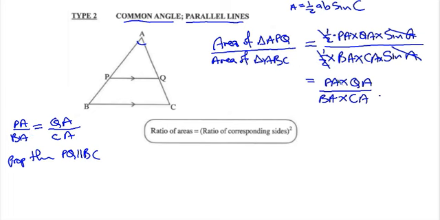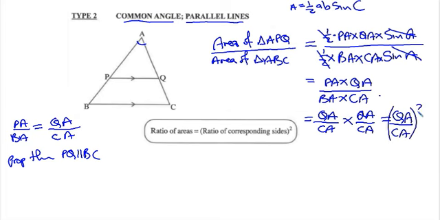Now you can see that PA over BA is equal to QA over CA. So we can substitute. Instead of writing PA over BA, because these two things are the same, we can write QA over CA multiplied by QA over CA, and that gives us, when you multiply these, QA over CA all squared.